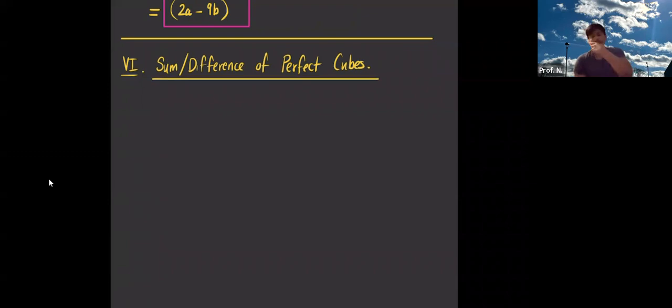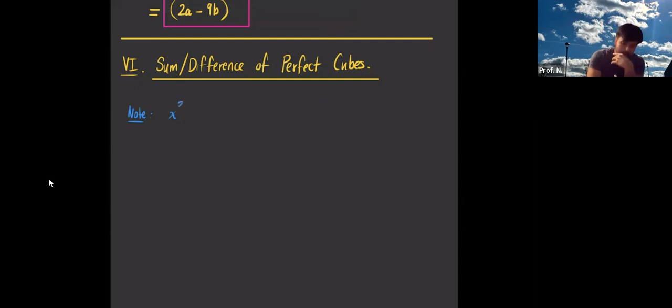So one thing I should have mentioned about perfect squares is that the difference of perfect squares is factorable, so you have this form a squared minus b squared, which factors as (a minus b)(a plus b). But one thing I just want to note is that there are many expressions that are not factorable.